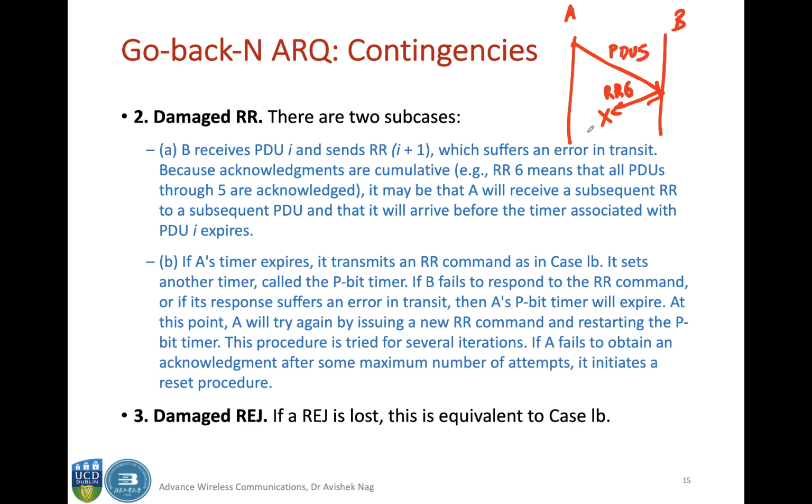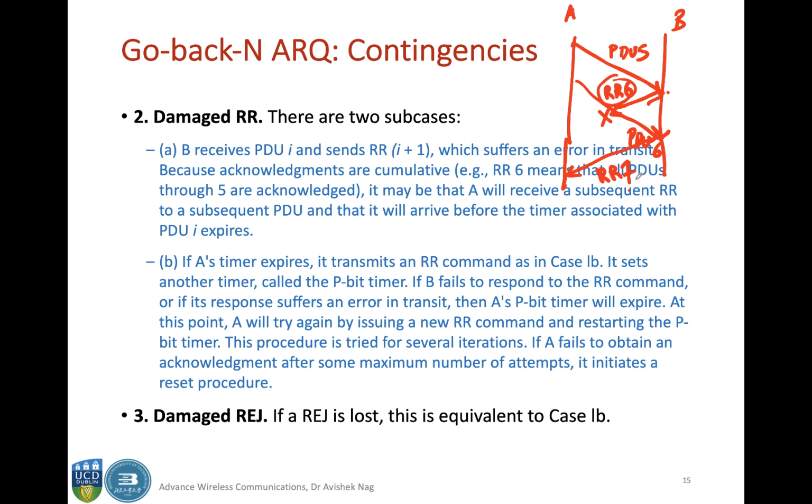A doesn't receive this RR, but let's say A sends PDU 6 to B, and if it receives an RR 7 because of this successful reception, then A knows that all PDUs up to 6 have been successfully received by B. So it doesn't matter that RR 6 or any other RR which was sent by B was damaged in transit.